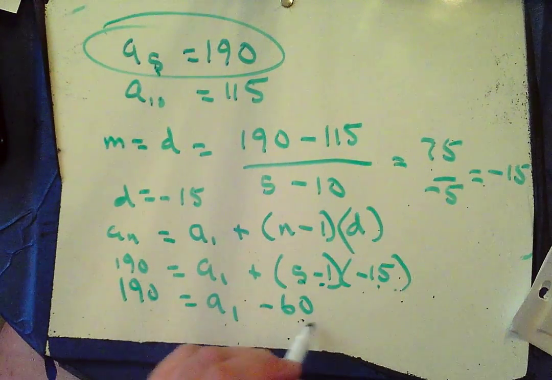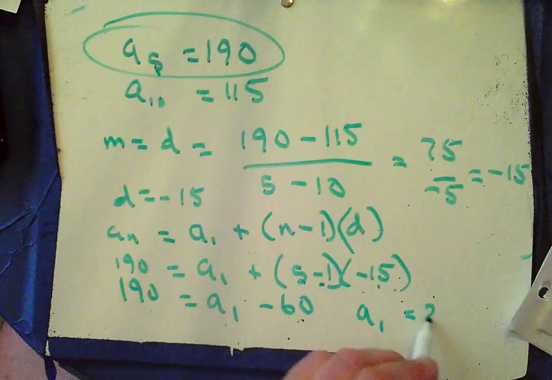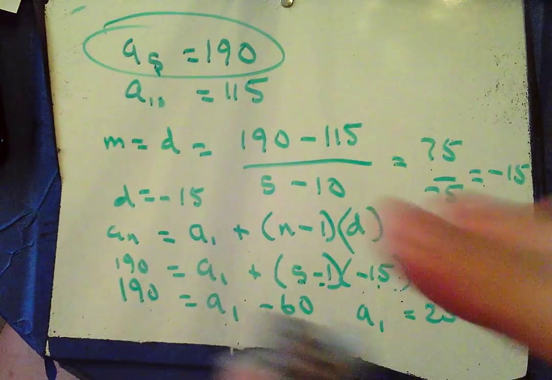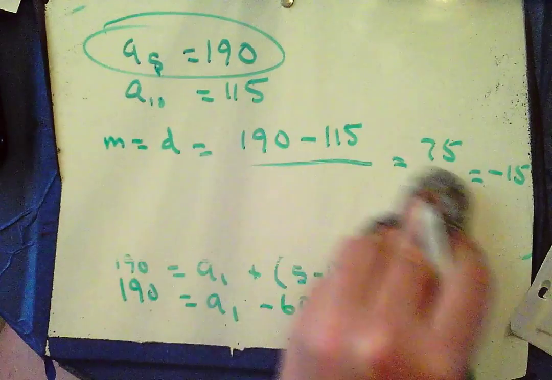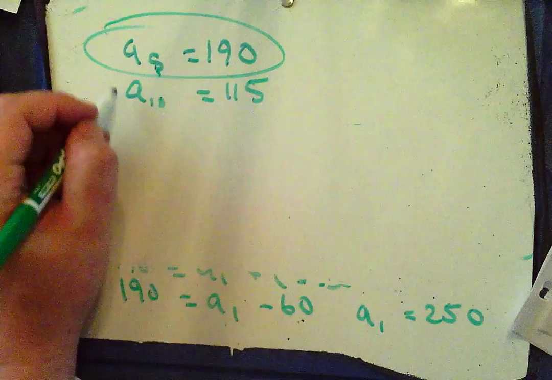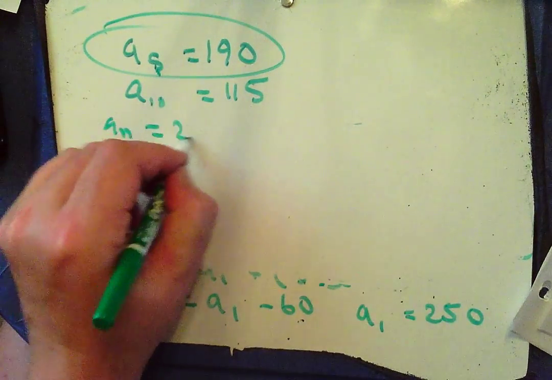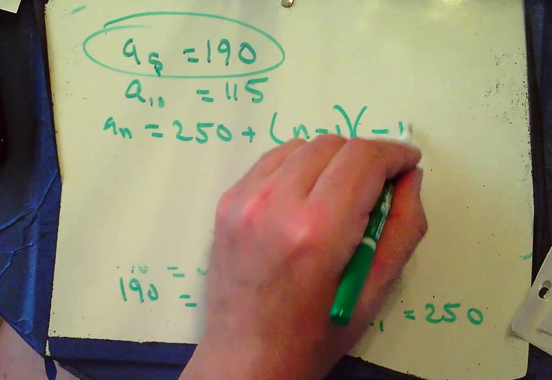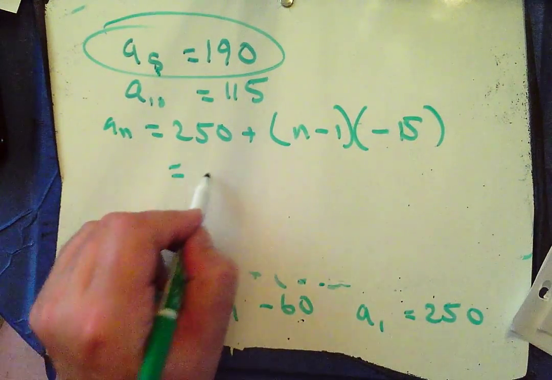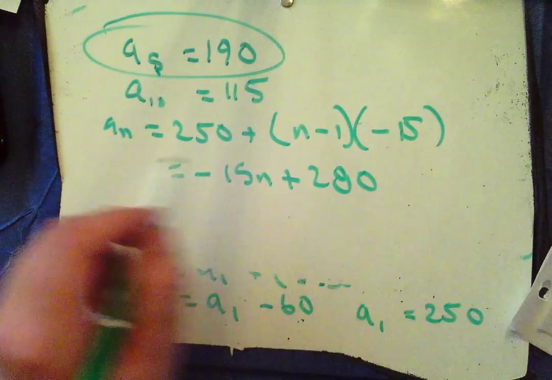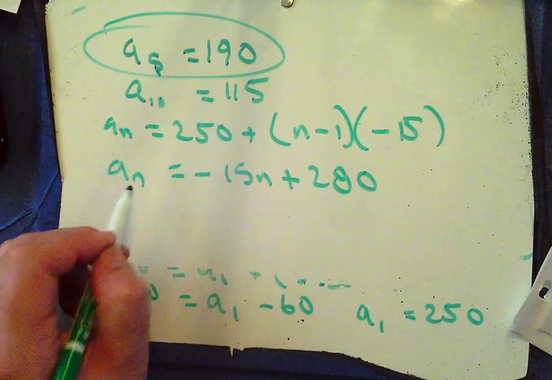If I add 60 to both sides, I find out that a sub 1 is 250. So I now know my d value is negative 15, my a sub 1 is 250. So we can say a sub n equals 250 plus n minus 1 times negative 15. Or negative 15n plus 280 is our rule.